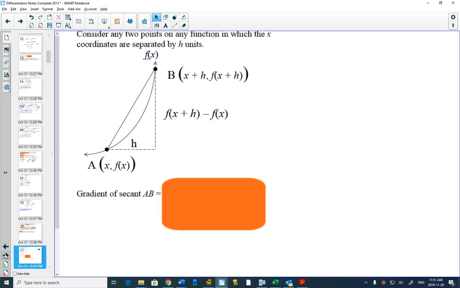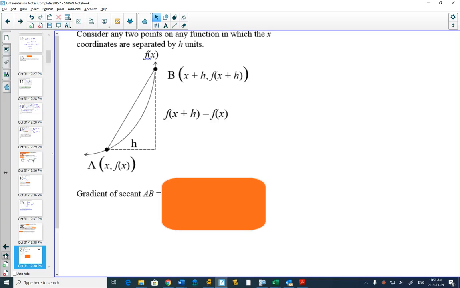Would you agree that this x point is now x plus h? And this y point would be plugging x plus h into that function. What happens when I take point B and drag it closer and closer to A? What happens to h? h gets closer and closer to 0.